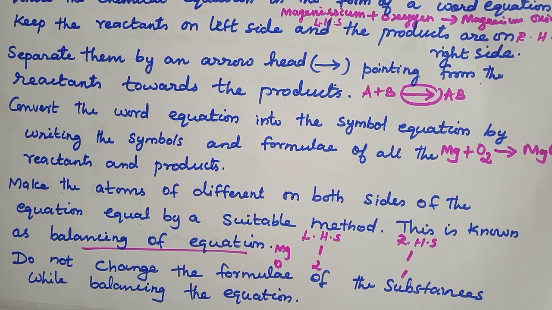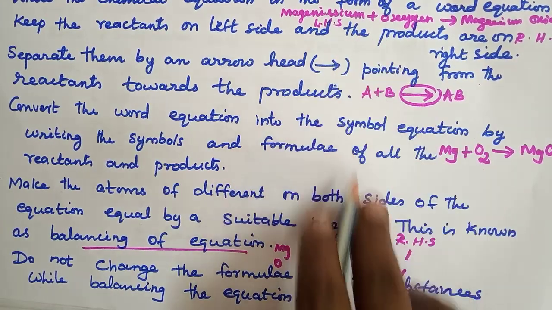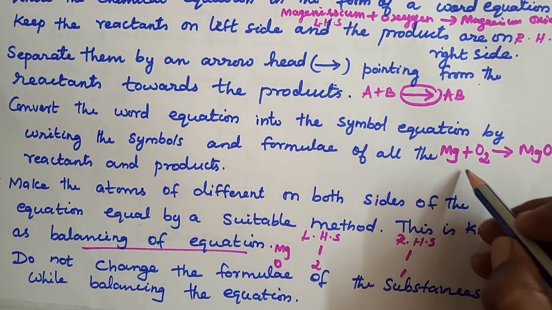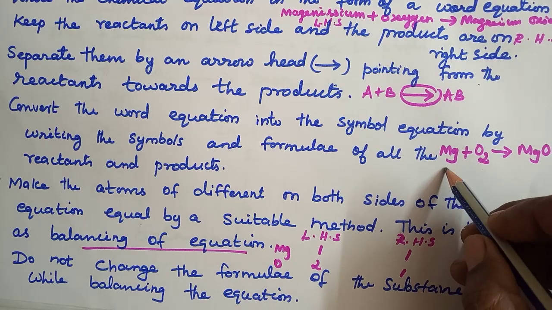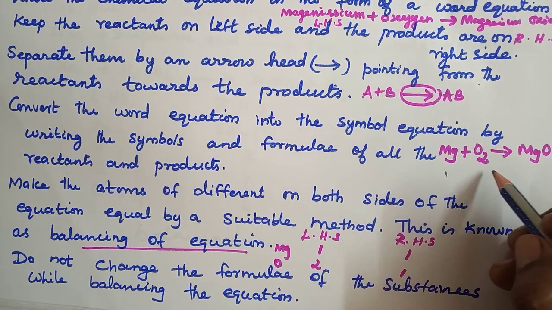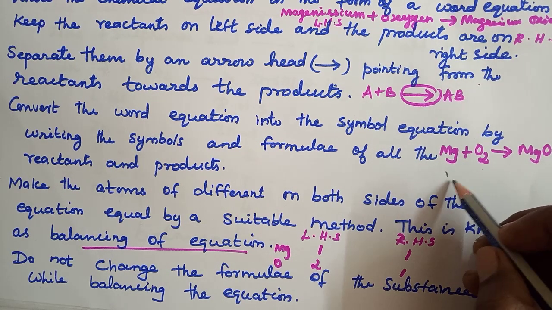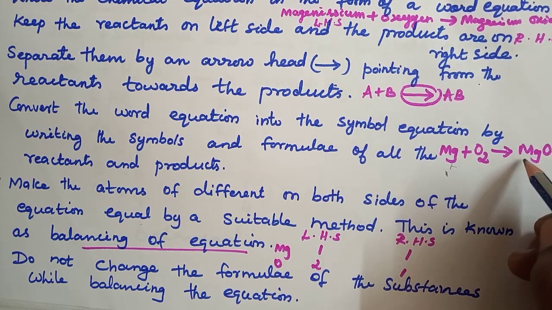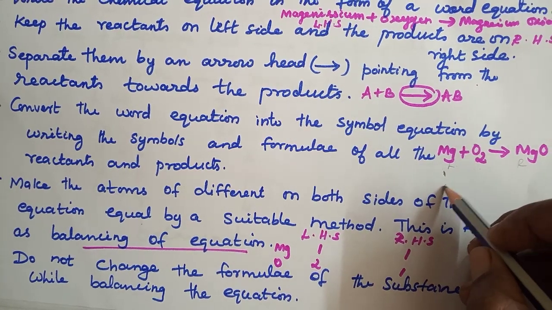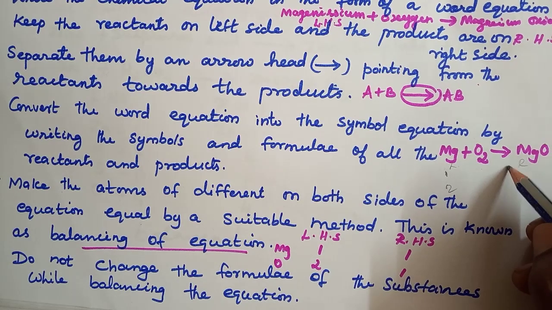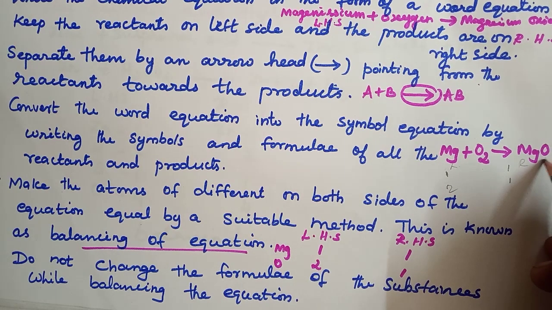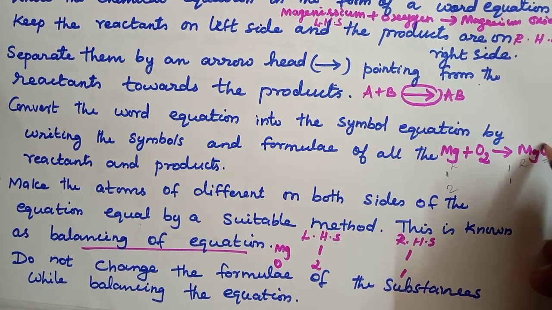Next we have to see the metals or non-metals. Then we have to solve one by one, reactant side and product side. Okay, for example, here the magnesium is having one. See, magnesium here one, and here oxygen. Left hand side, this is right hand side. So here oxygen is 2, here magnesium is 1, oxygen is 1. Okay, so it should be balanced.